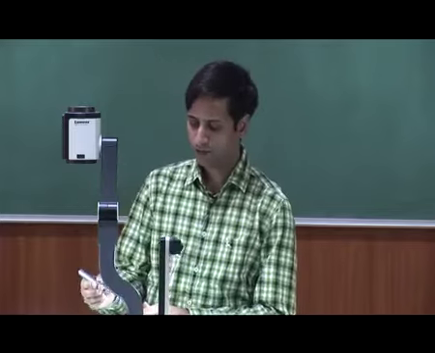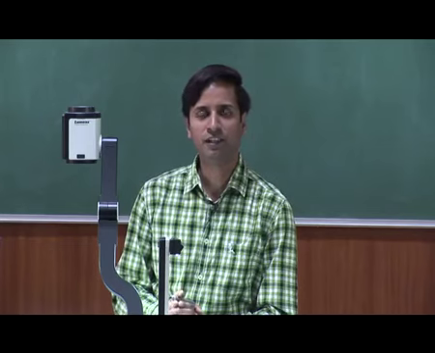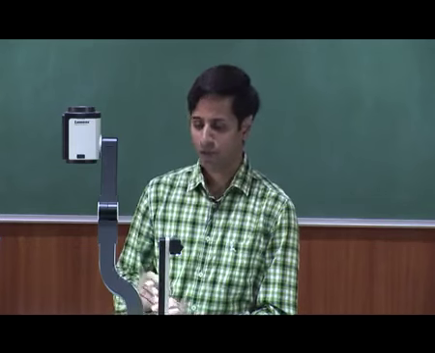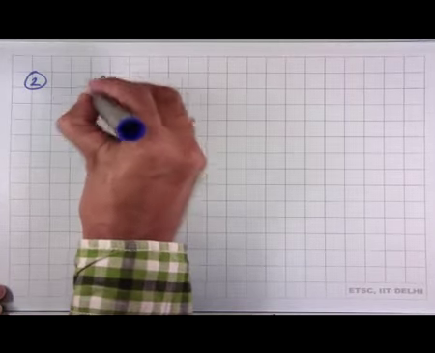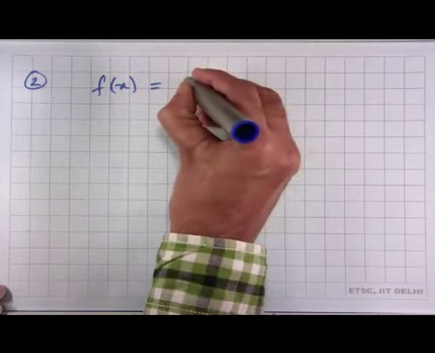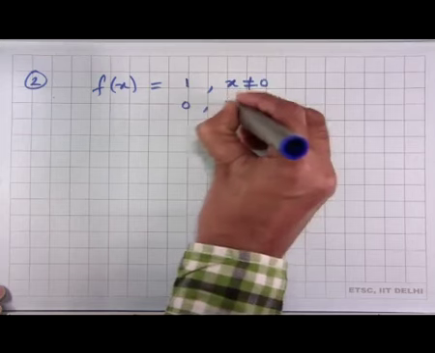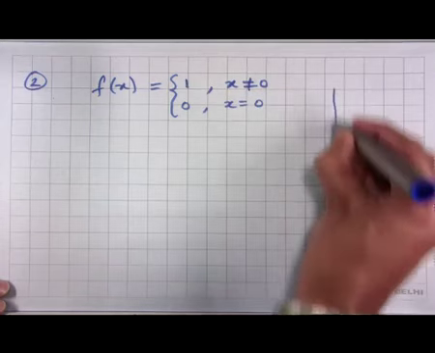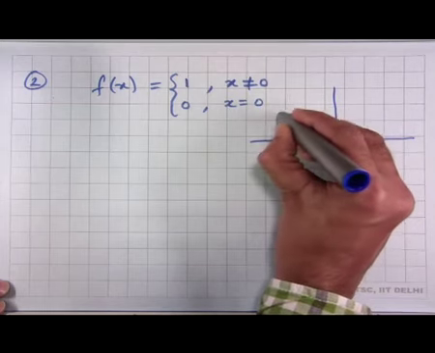So, the previous example was where the function was discontinuous at a point because the limit did not exist at that point. But in the next example, let us consider the function f of x which is equal to 1 if x is not equal to 0 and 0 at x equal to 0. So, this function is 1 at all points except 0.